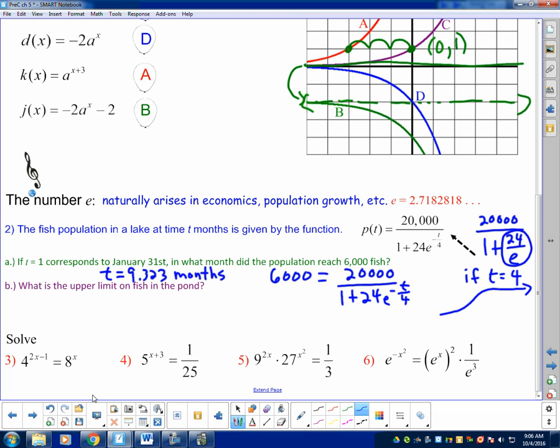Then what month am I in? I think you guys said it. I think you're right. So January 31st, we are in January. So it'd be February 31st, March 31st, April, May, June, July, August, September, October would be 9.